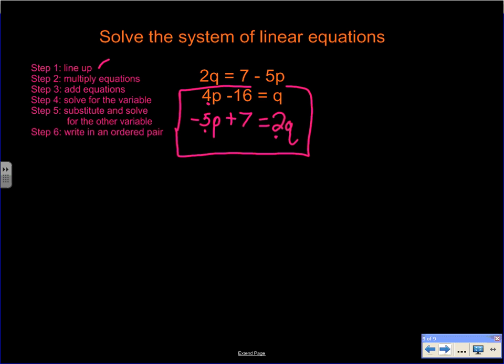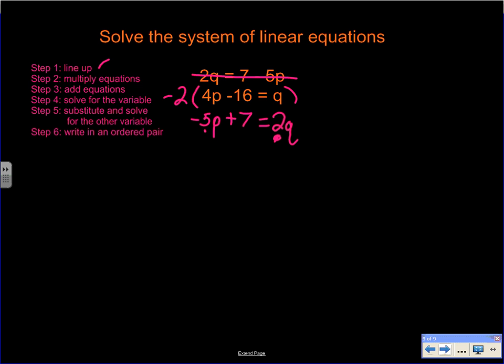So let's see, what do we have here? Remember, we're not working with that top equation anymore. We just have to multiply this equation by a 2 to get it to match up with that 2, and they have to be opposites. So let's multiply the top one by negative 2.